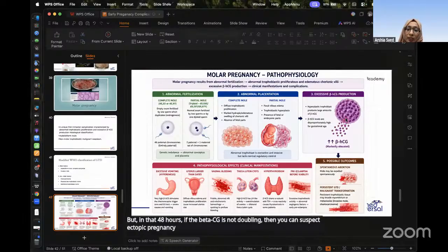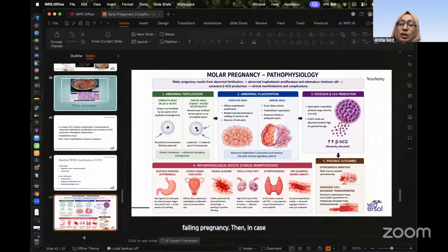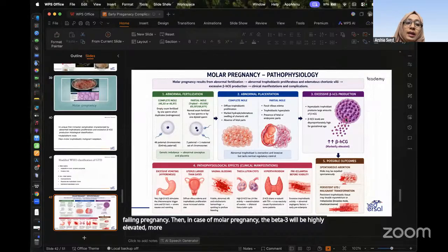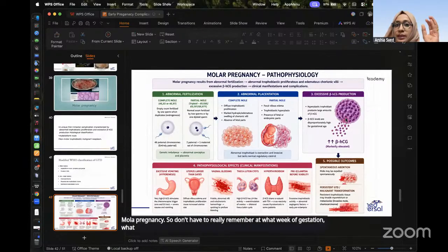If the beta HCG is falling, say it was initially 2000, then fell to 1600, 1400, then you can suspect a failing pregnancy. In molar pregnancy, the beta HCG will be highly elevated, much more than the cutoff level at that particular week of gestation. That is when you suspect molar pregnancy. So you don't have to remember what the beta HCG value is at each week of gestation. This is the thing you need to keep in your mind.